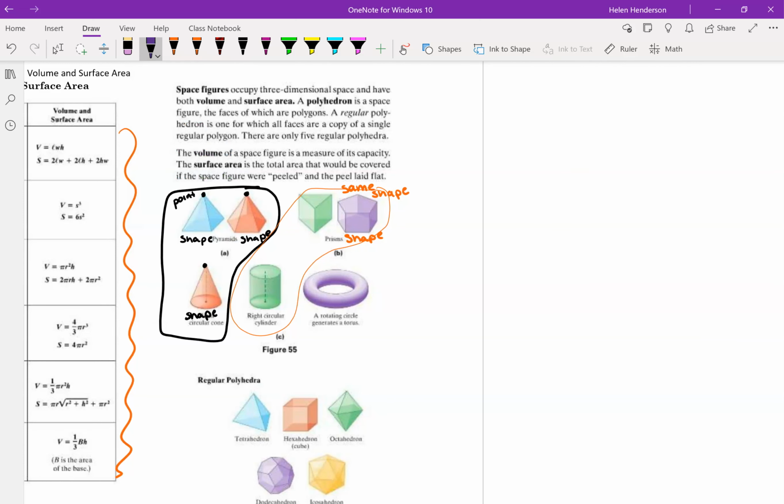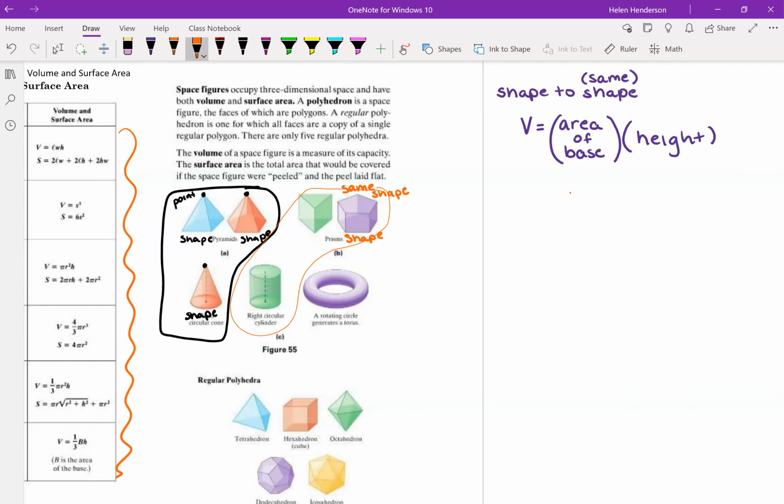So if you've got a space figure, which is shape to shape, and I should say the same shape, you're going to take, so the volume is going to be equal to the area of the base times the height.